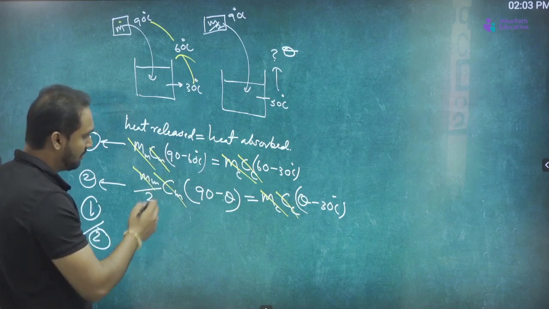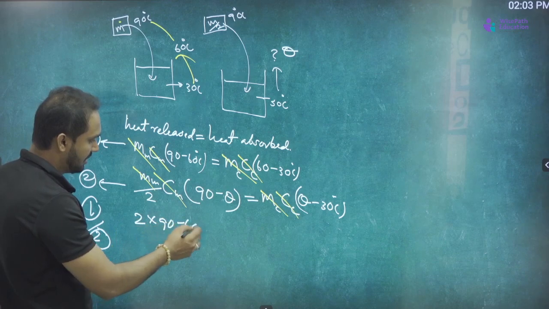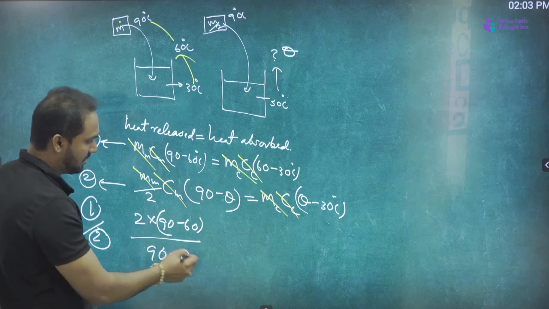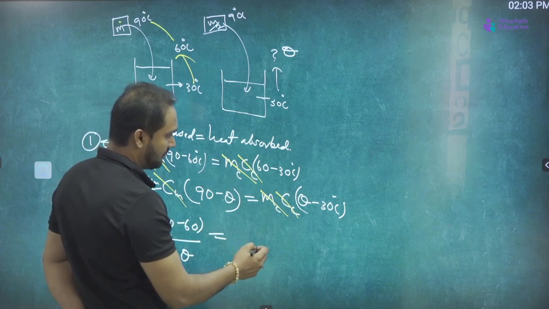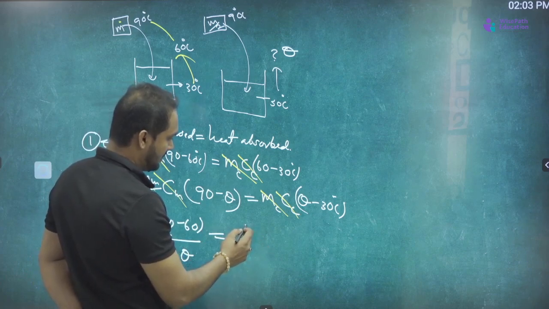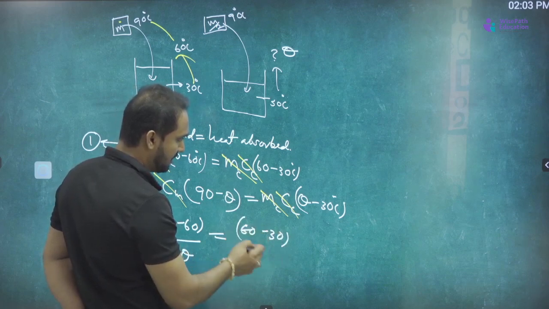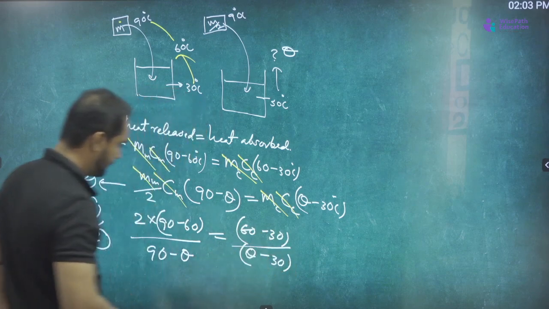This 2 will go to the top. That will be 2 times (90 minus 60) divided by (90 minus theta) equals (60 minus 30) divided by (theta minus 30), right?